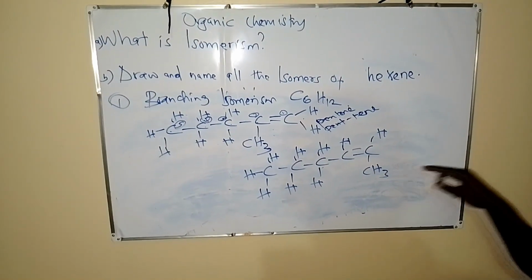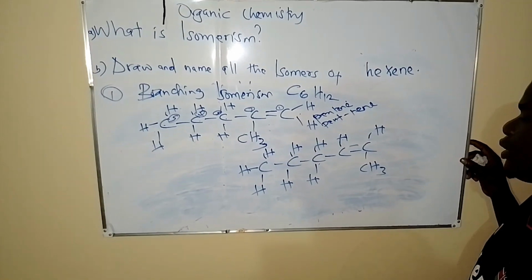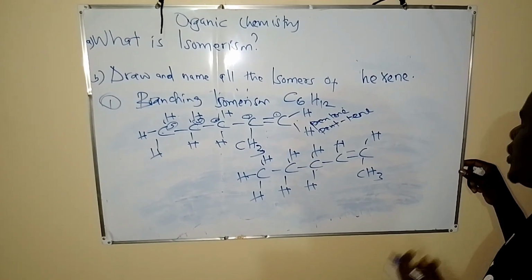So what we are basically saying is that we cannot have a methyl group or an alkyl group at carbon number 1. Why?